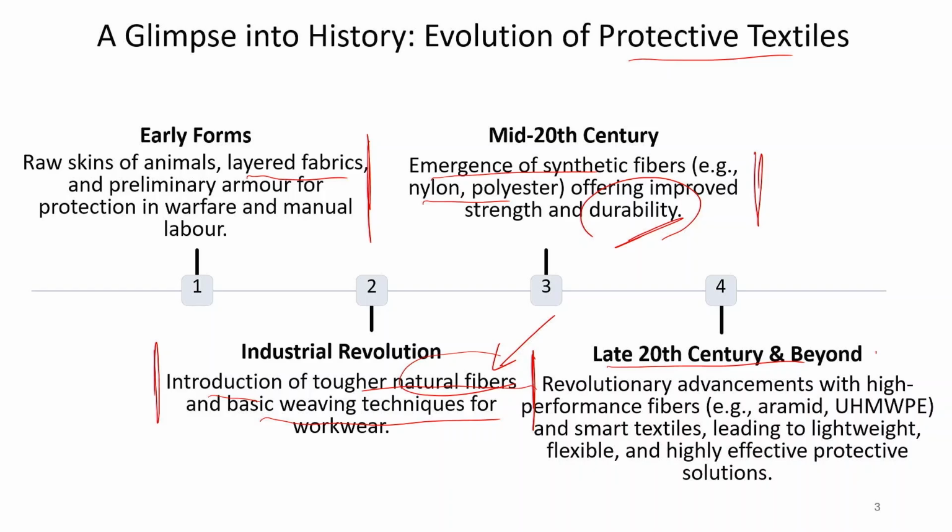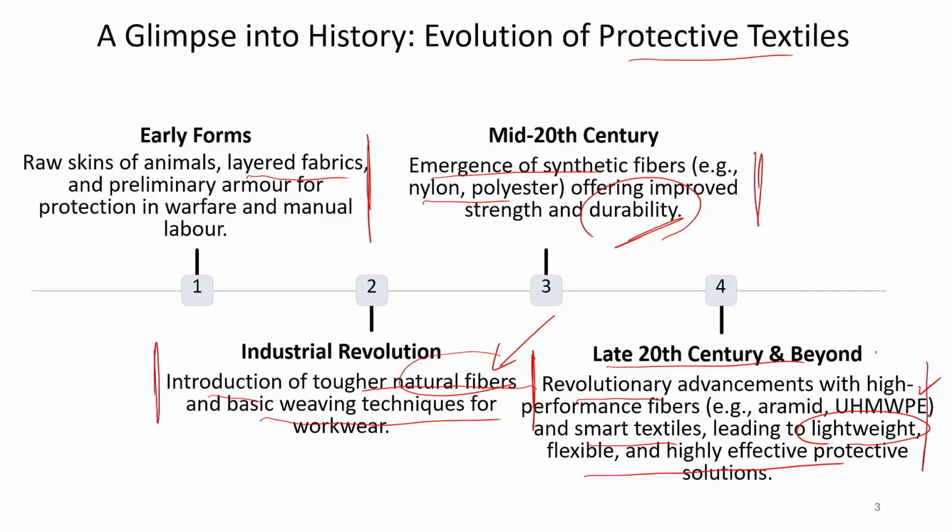So, this revolutionary advancement of high performance fibers like ultra high molecular weight polyethylene and different types of other aramid, para-aramid, smart textiles were used, and different types of structures were used, and lightweight protective textiles were evolved which are flexible.